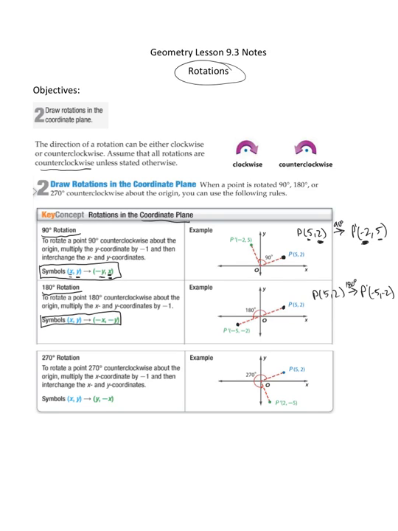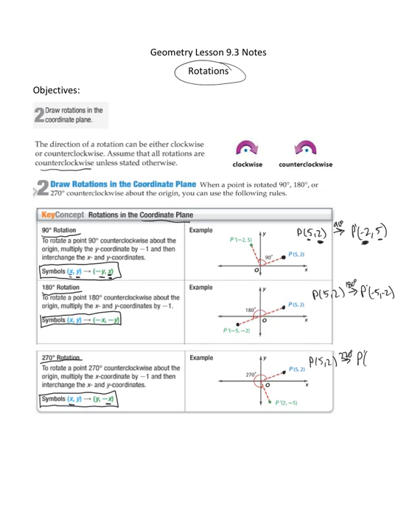All right, the last one would be our 270-degree rotation. Guys, and symbols, you're going to flip the ordered pair and then change the sign of the second one. So again, P is (5, 2). You want to go 270 about the origin.